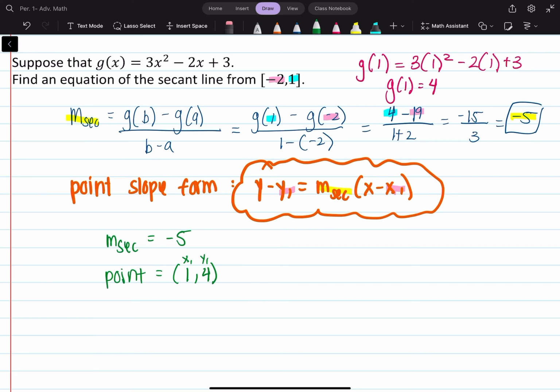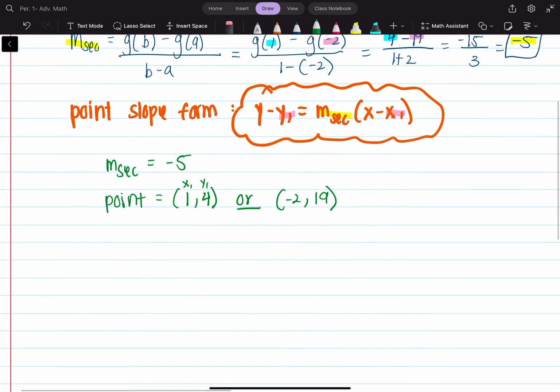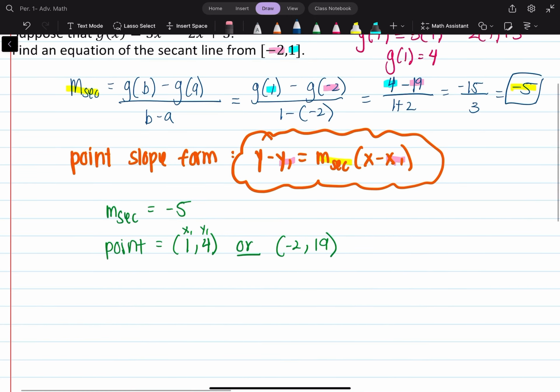Again, you could have used (-2, 19) as well. It doesn't matter. And then you just substitute your values in and you simplify. So this would be y minus y1, which is 4, is equal to the slope of the secant line, which is -5, parentheses x minus your x1, which is 1.